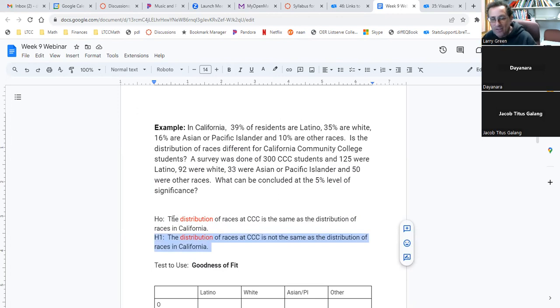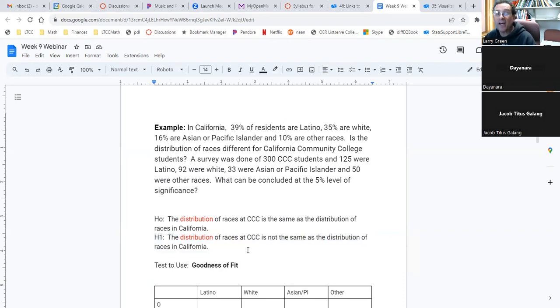There's really a template. H0: the distribution of whatever you're talking about that you don't know about is the same as the distribution of what you do know about. Whereas H1: the distribution of what you don't know about is not the same as the distribution of what you do know about. Any questions on that?